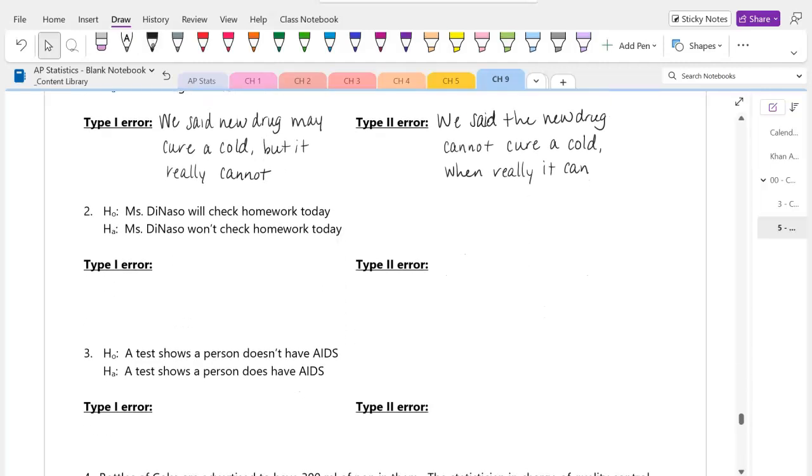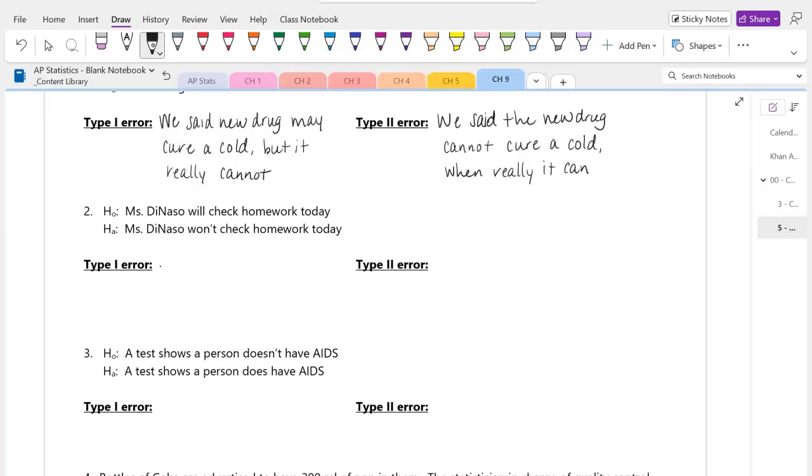All right. Number 2, we've got the null hypothesis is that Ms. Tanasa will check homework today. The alternative hypothesis is that Ms. Tanasa won't check homework today. So our type 1 error is we're making the wrong decision when the null hypothesis is true.